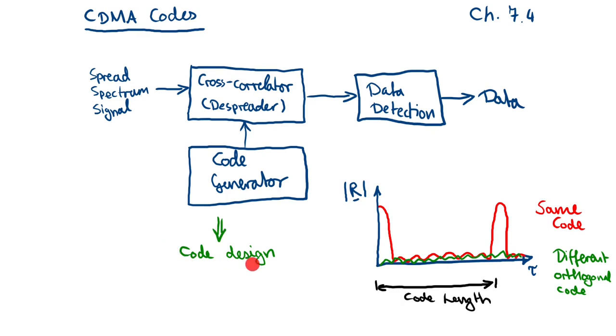And this is a matter of code design. Code design is a very complex topic, so there are many different codes and there's a lot of mathematics behind this. We won't go too deep into this. There are other lectures on code design and literature, so if you're interested, please consult the literature about this topic. We just have a look at one code, but we will come back to this later.